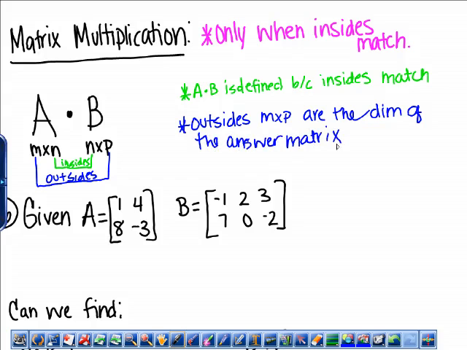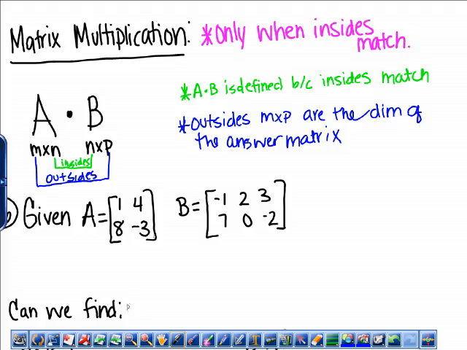So when you start multiplying matrices, you've got to put them right next to each other and write out their dimensions in the order that you plan on multiplying them. You'll see, and it'll make more sense in just a second.